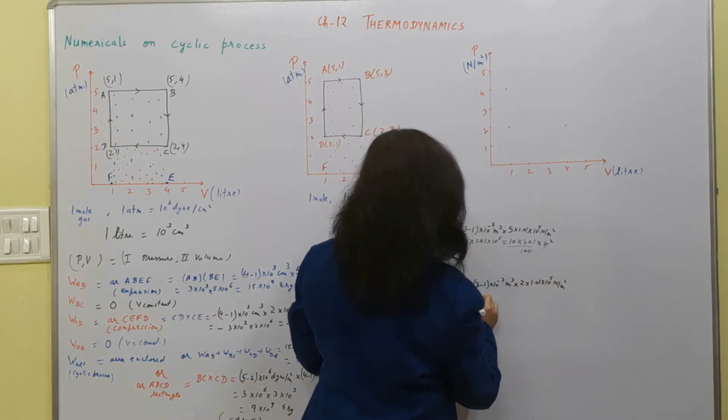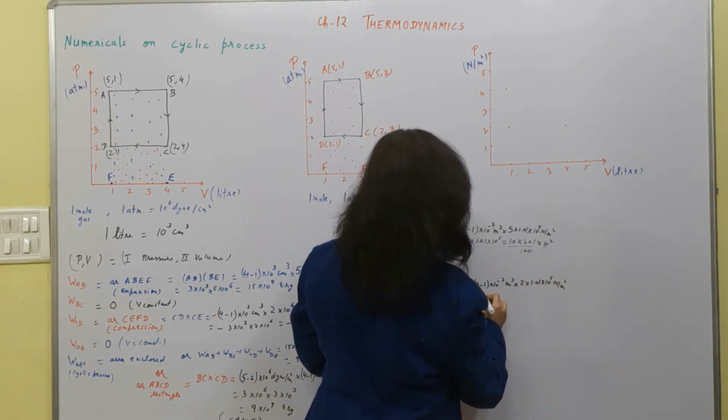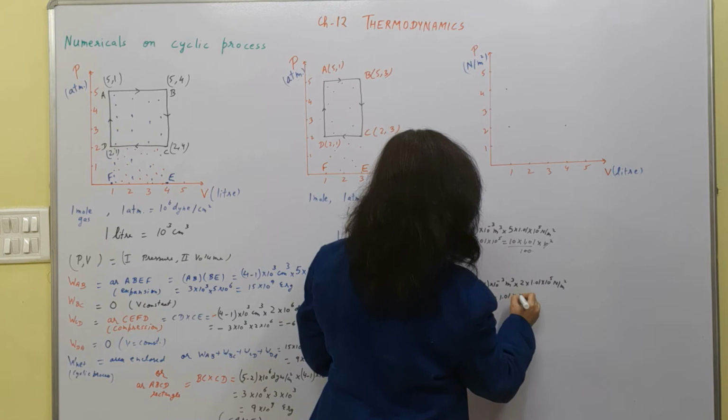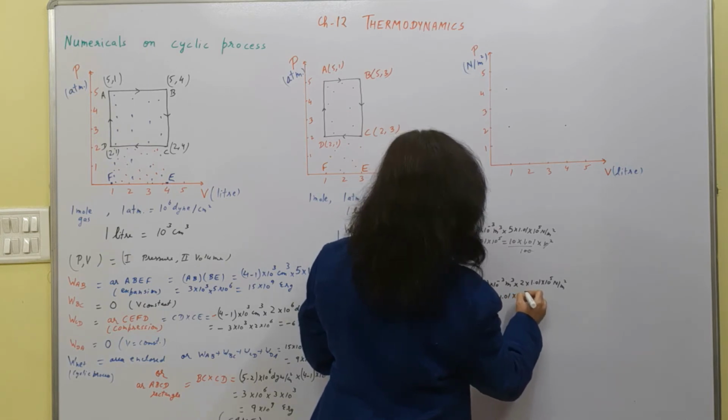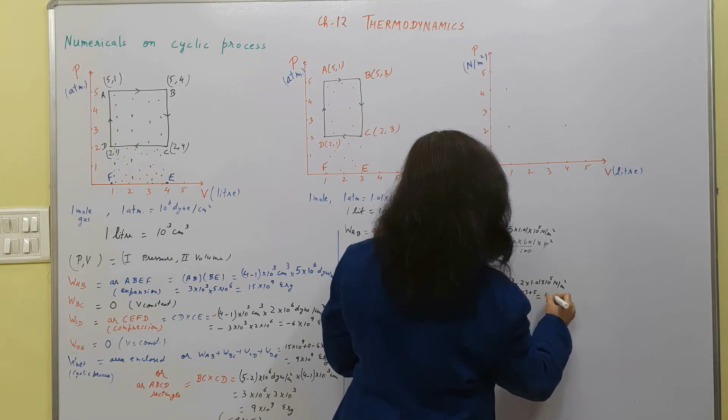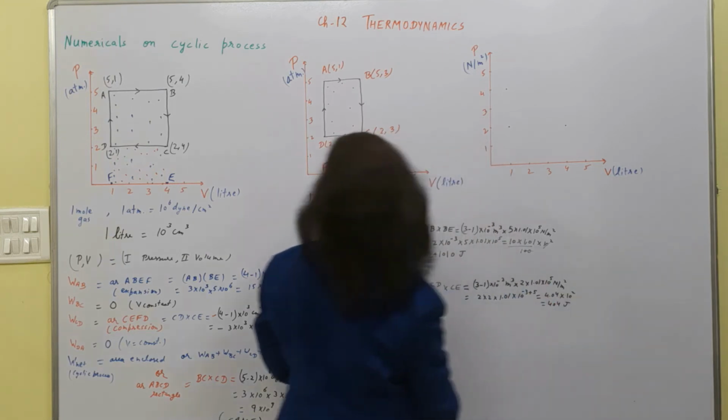So this is 4.04 into 10 to the power 2, that is 404 joules, right?